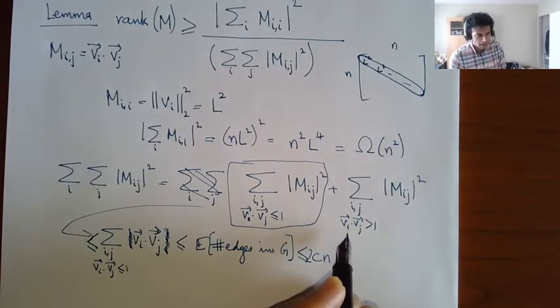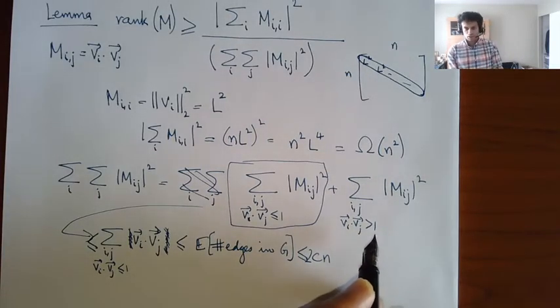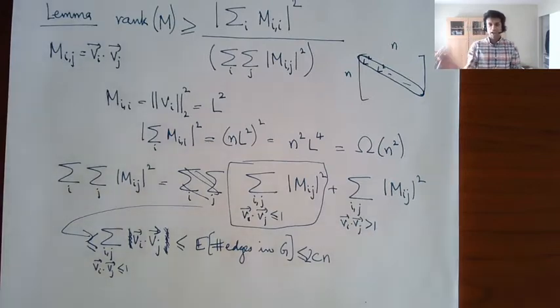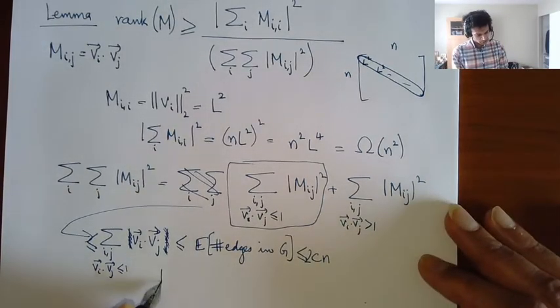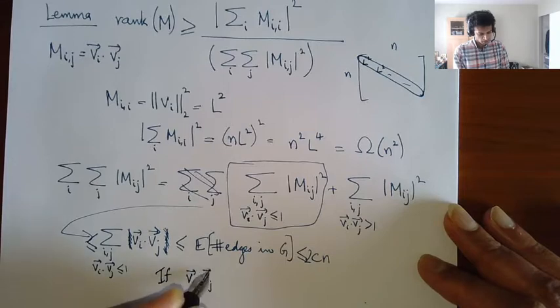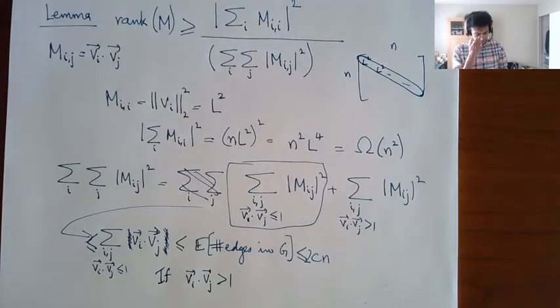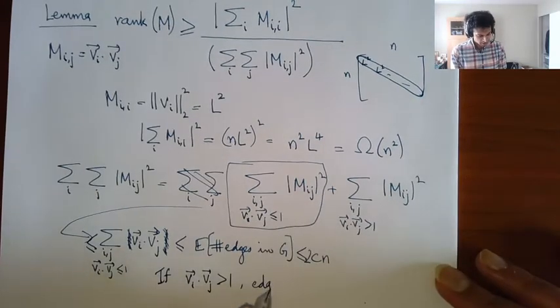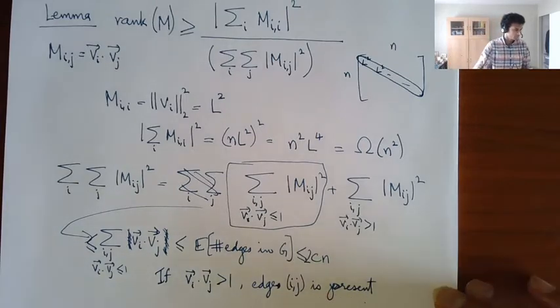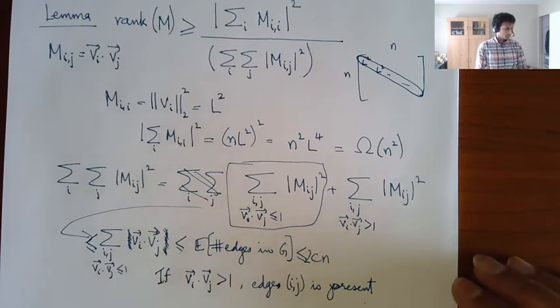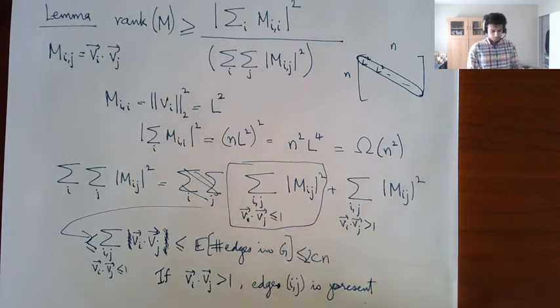So if vi dot vj is more than 1, then the edge ij must be present.